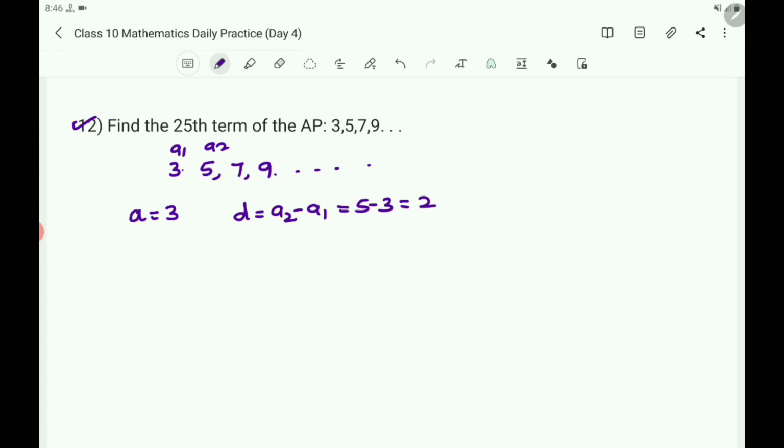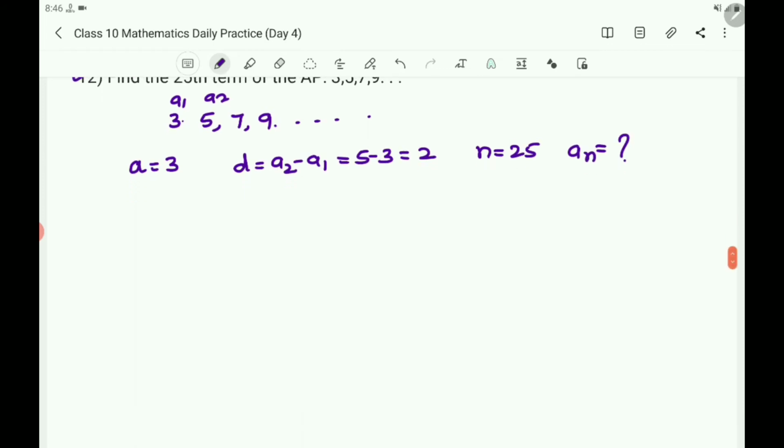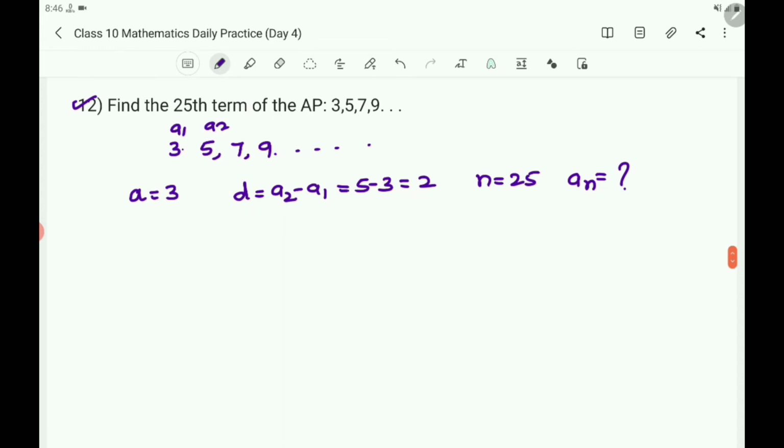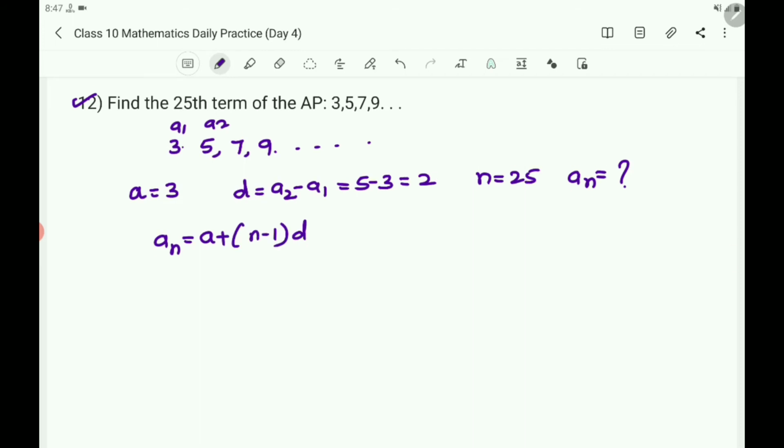Then what you have to find out? Your nth term, n equals 25, an equals question mark. Then you write the formula for the nth term, an equals a plus n minus 1 into d.